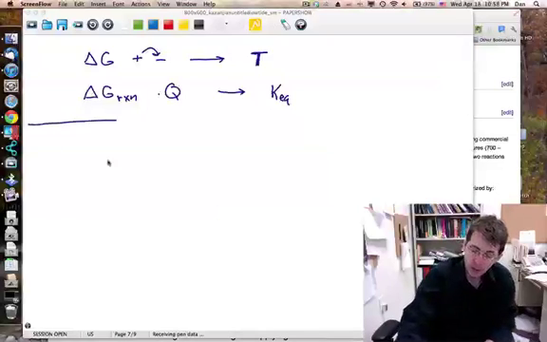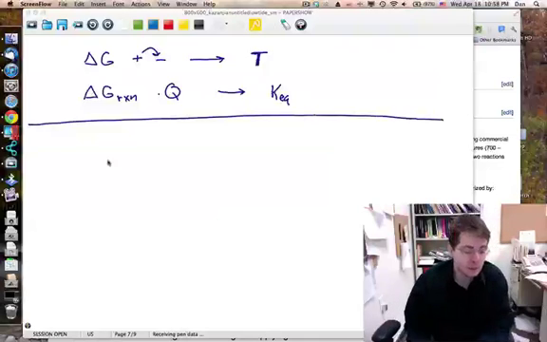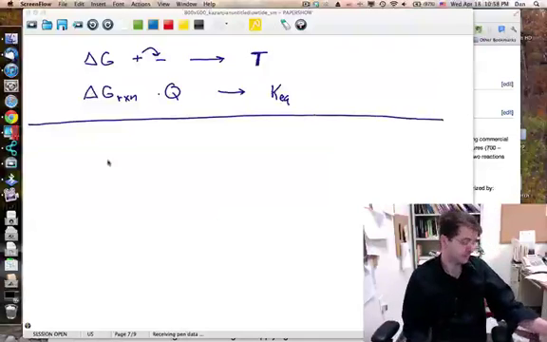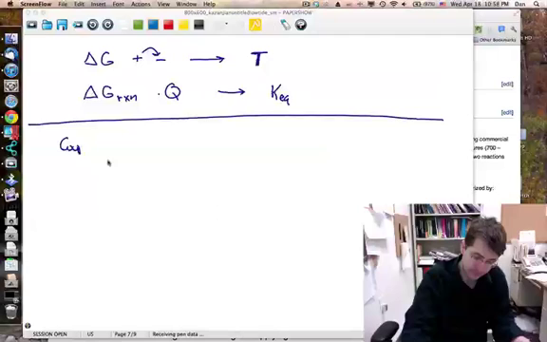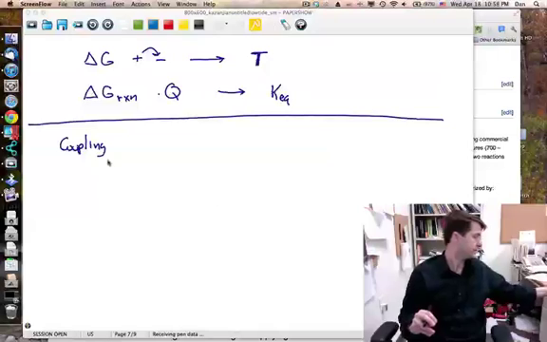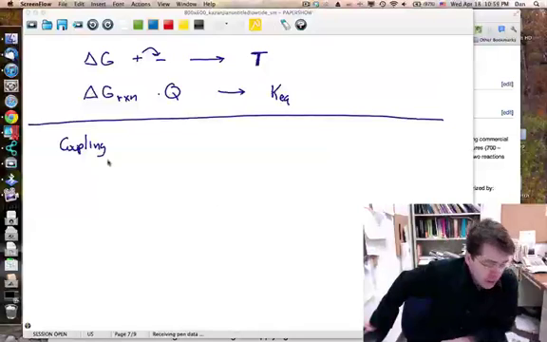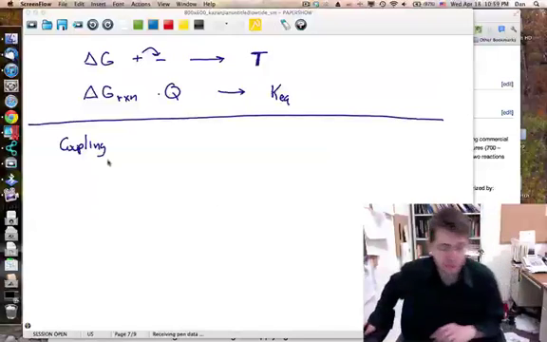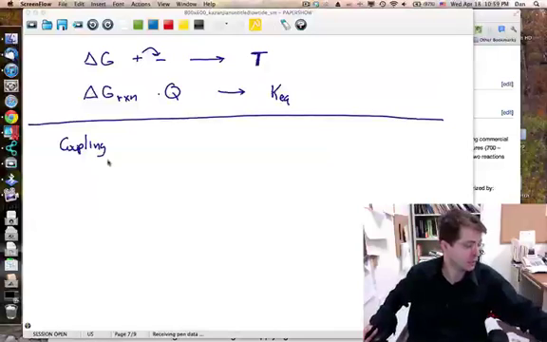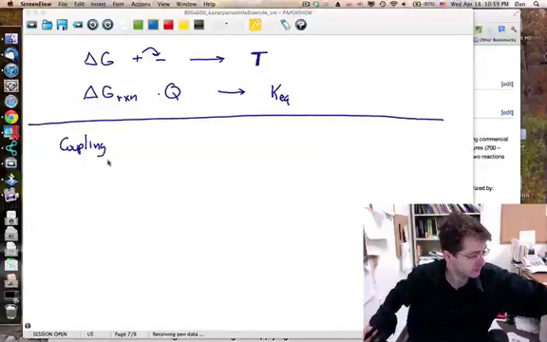Well, it turns out there's a third way to make a reaction spontaneous. And this is what we call coupled reactions. A coupling isn't a single reaction. It actually involves multiple reactions. And so let's just take a look at an example.